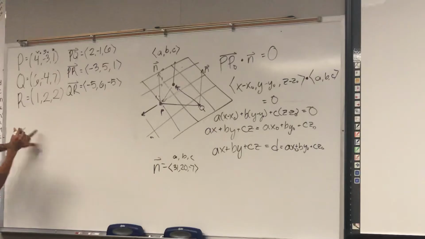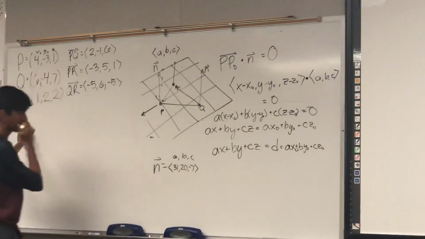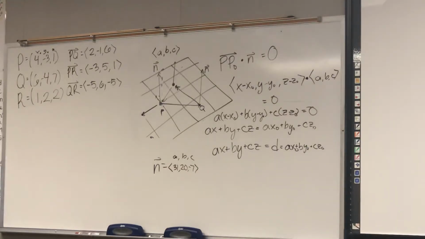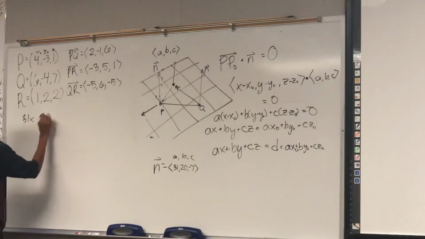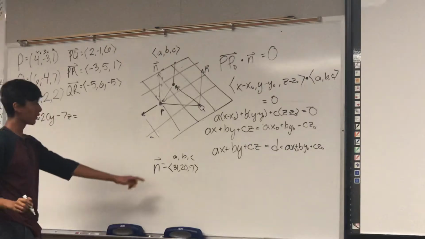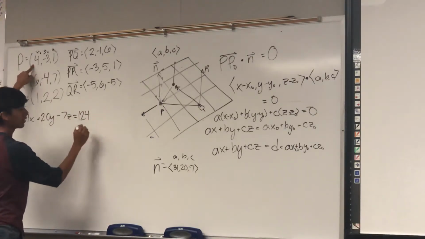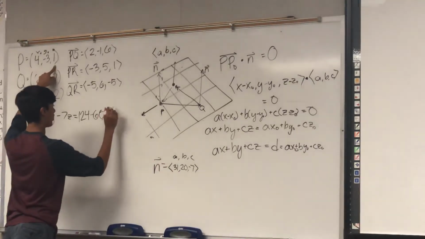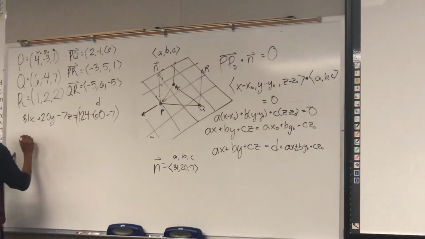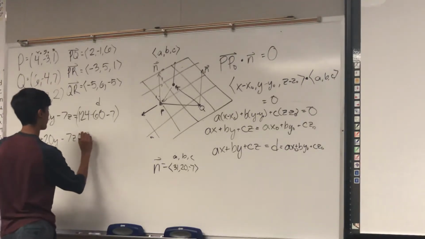So that would be 31x plus 20y minus 7z is equal to a times x naught, 124, plus b times y naught, negative 60, plus c times z naught, negative 7. That's d. So 31x plus 20y minus 7z is equal to 57.